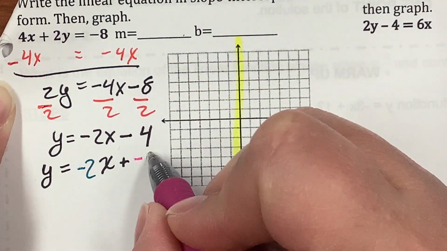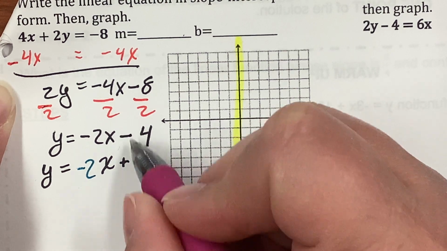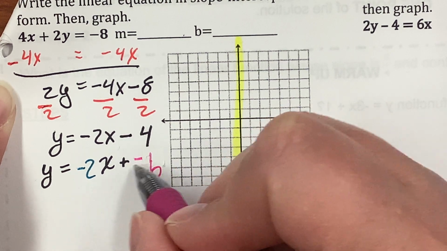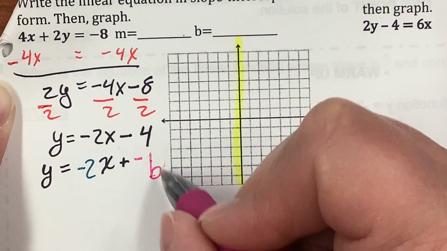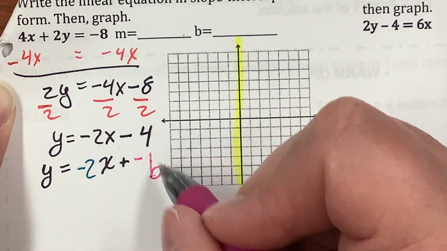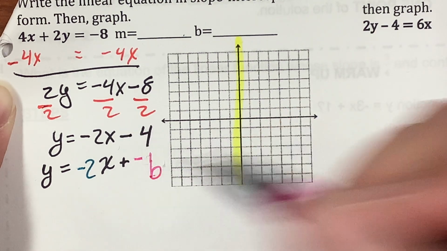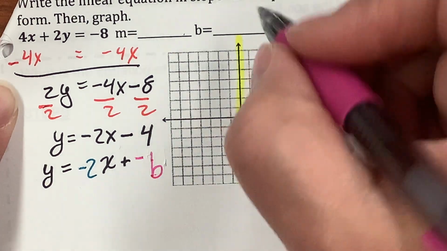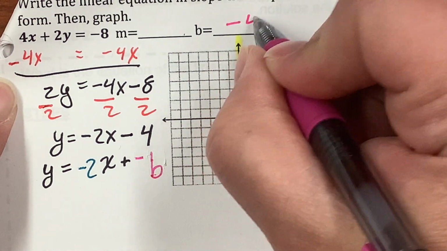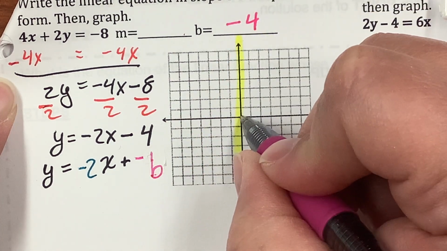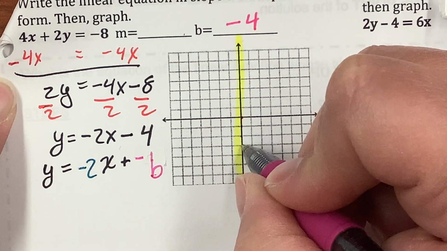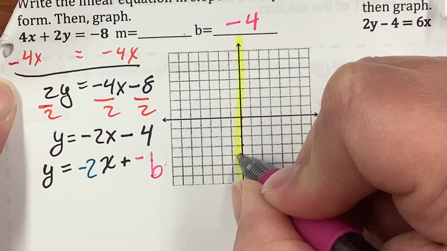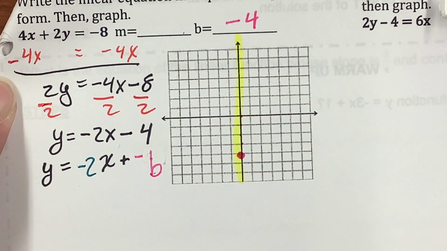Plus a negative b can be plus or minus. If it's minus here, b is negative. If it's positive, b is positive. So b here equals negative 4. So I start here in the middle and count down: 1, 2, 3, 4. B is at negative 4.